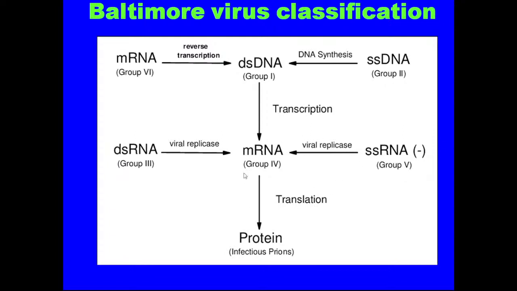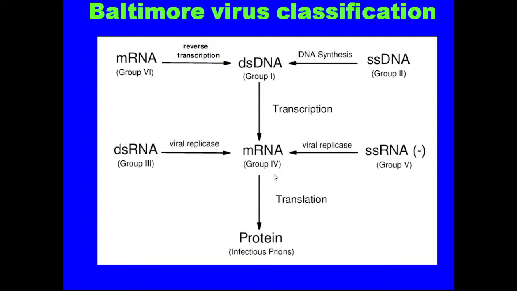So that is the strategy of genome expression in viruses with single-stranded RNA. Okay? So these are groups 3, 4, and 5.